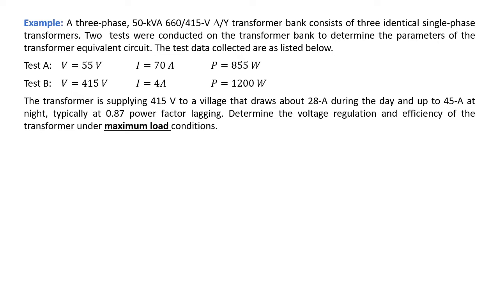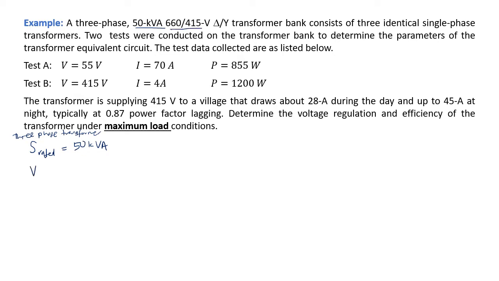You're given 50 kVA. Please remember that this is the rated apparent power of the transformer, and it is a three-phase rated apparent power. Okay, and then we have the rating 660/415.